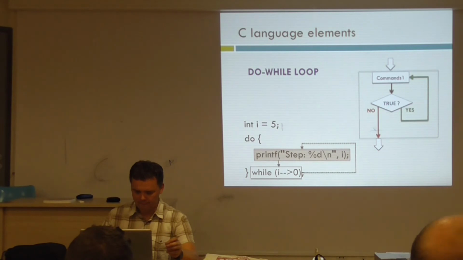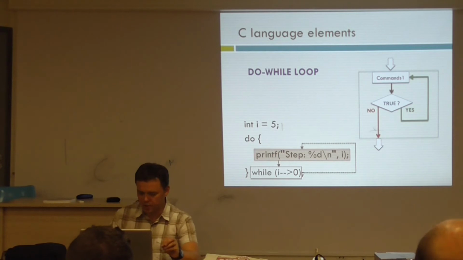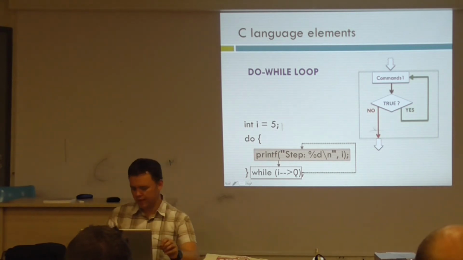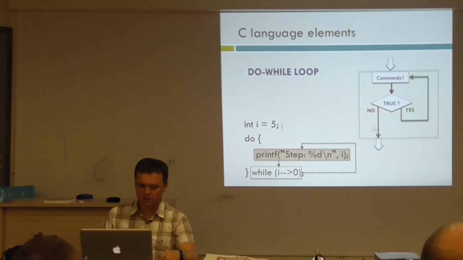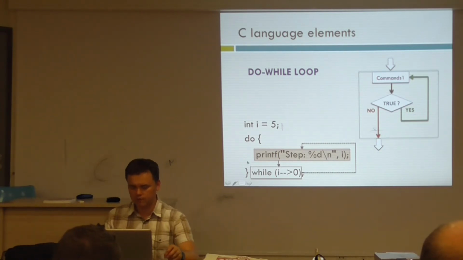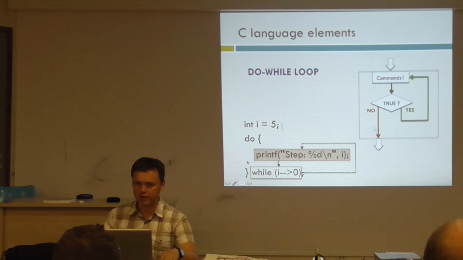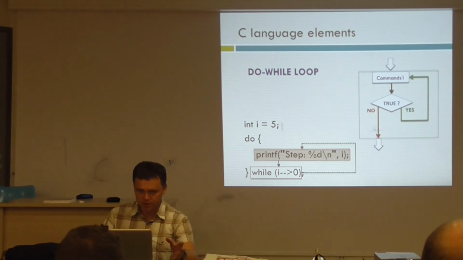Okay. Another loop, do while. I think that the best idea for the use of do while generally in C language and Java is to use when we want to process some commands only once, but if it fails, we can repeat this process. For instance, we want to connect to some remote resources.